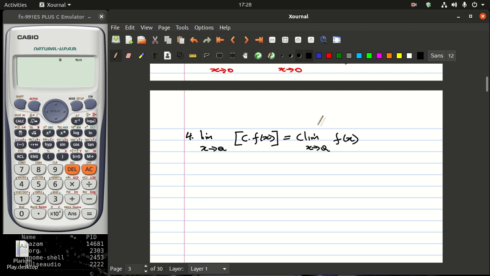That will be your limit. Simple, but an example will be: what is the limit as x approaches 1 of 10 log base 5 of x.